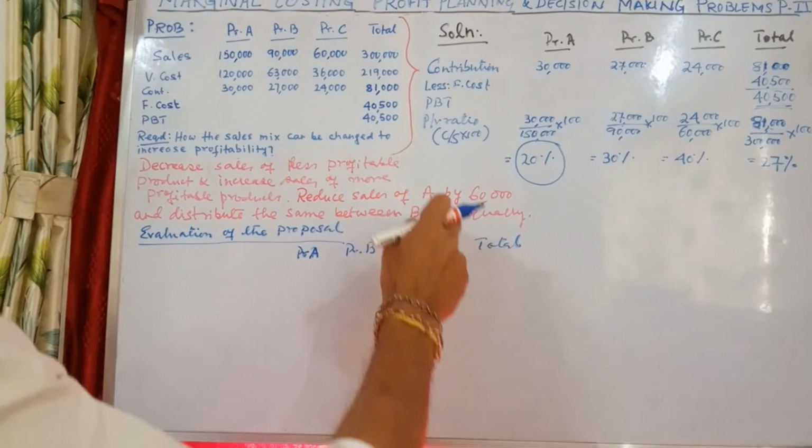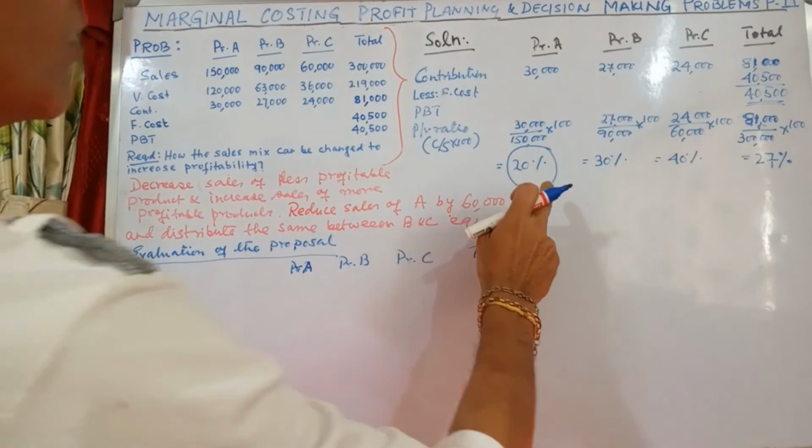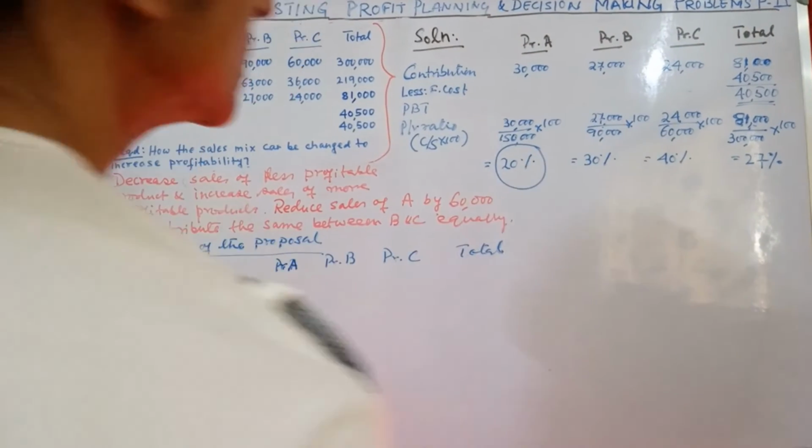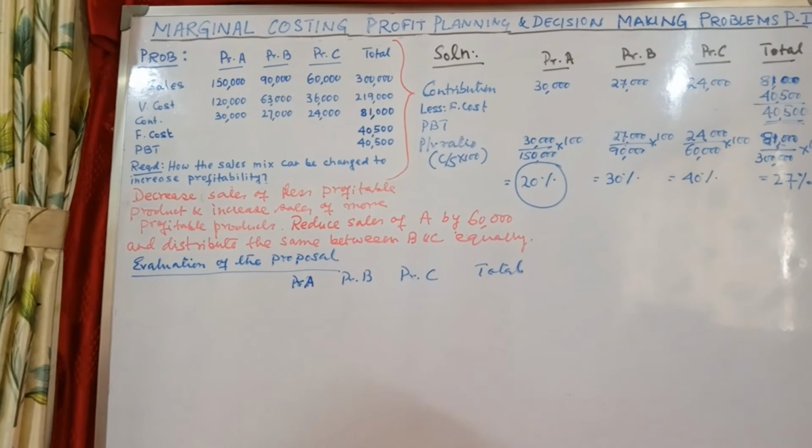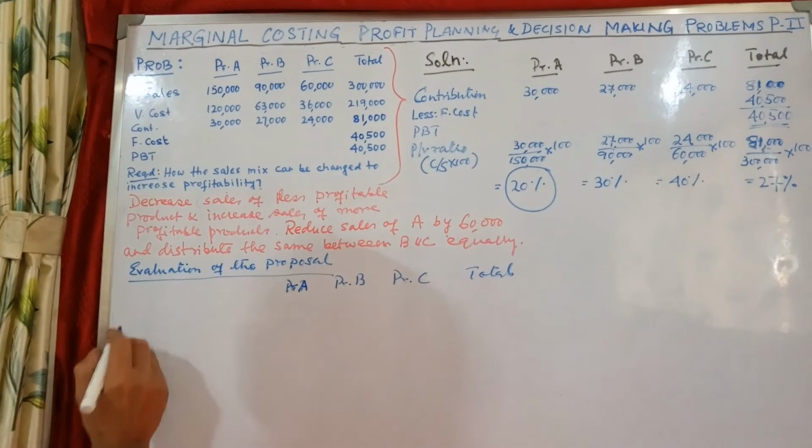What is the PV ratio of A, B and C? 20%, 30% and 40%. Correct?